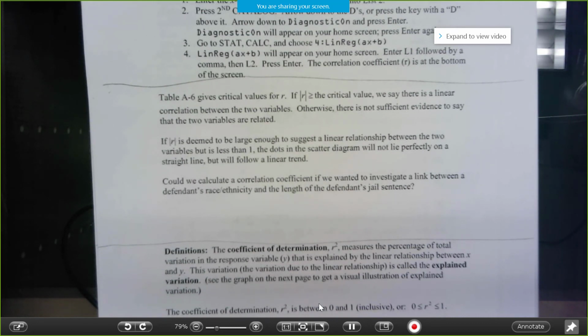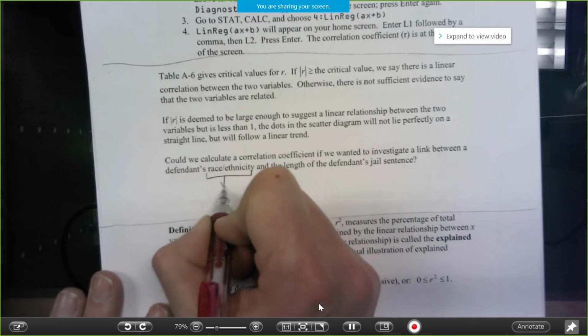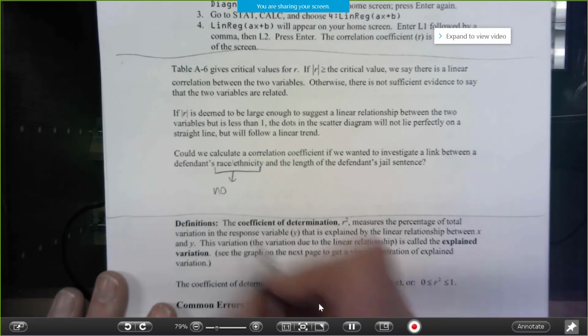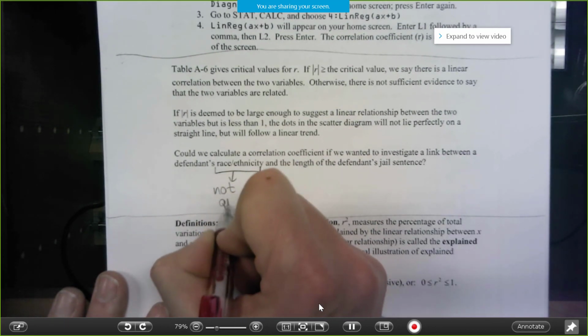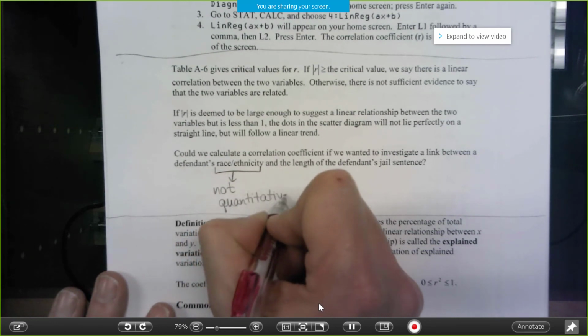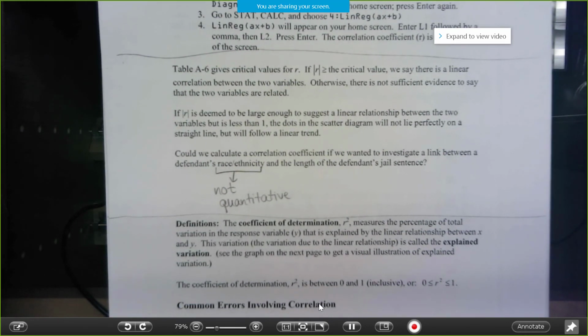They have to both be quantitative. Are both of these quantitative? No. Race and ethnicity is not quantitative. The length of a jail sentence would be quantitative, but this is not. So not that we can't do hypothesis tests about it, but we can't find a correlation coefficient. All right.